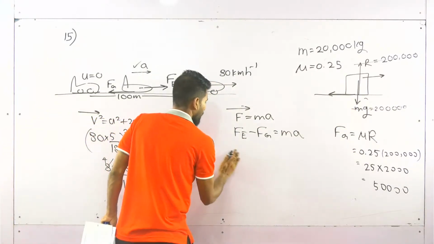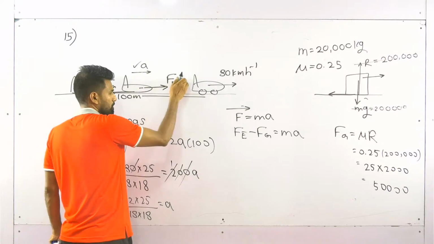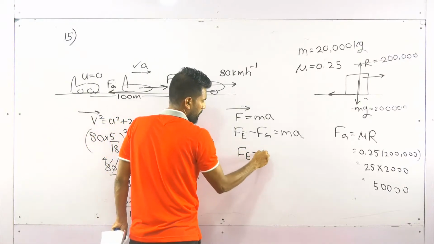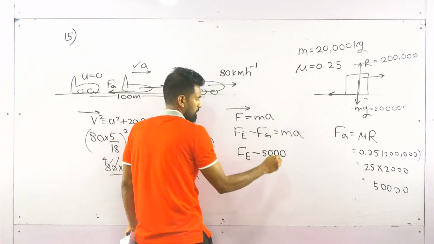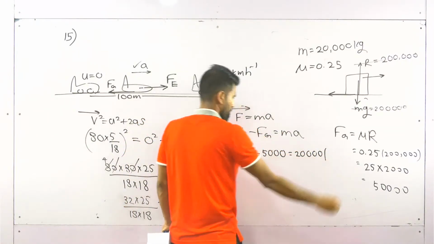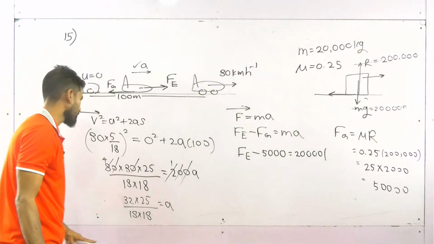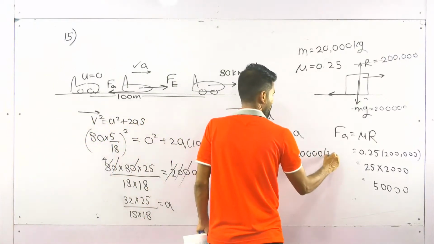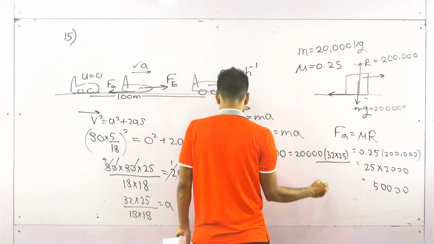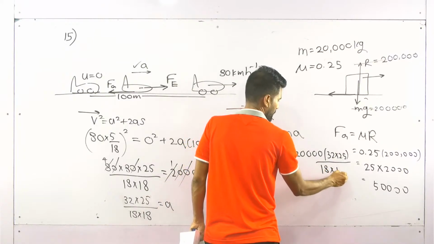So applying F equals ma for the plane horizontally, engine force in the frontward direction, friction in the opposite: Fe minus 50,000 is equal to 20,000 a. a is equal to 32 into 25 over 18 into 18.